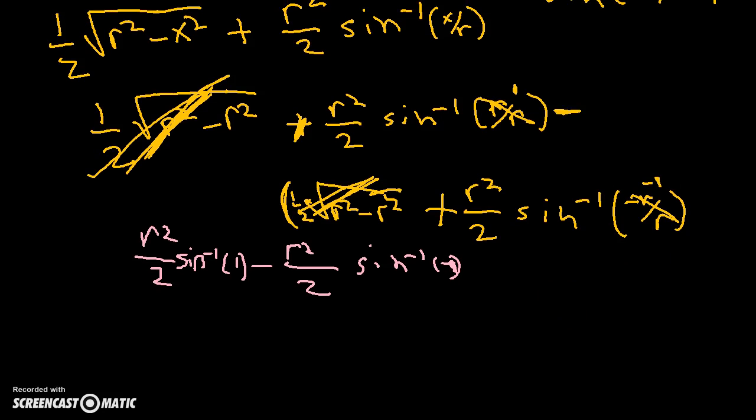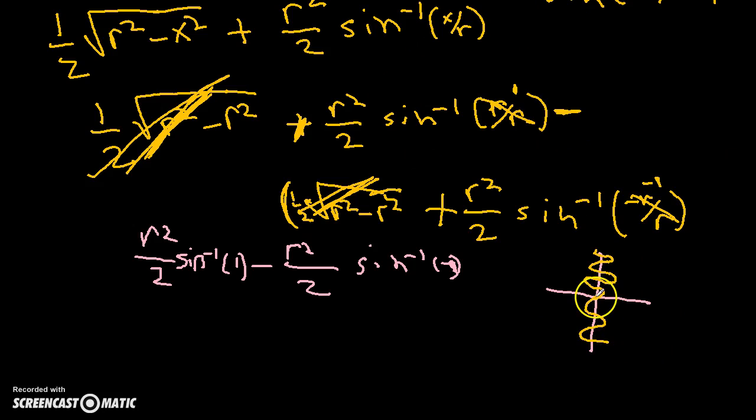Okay, so first let's do 1. What number has a sine of 1? Now let's look at the inverse sine function. Let me switch to a different color. The inverse sine function looks something like this. It's not really a function, but we'll just consider it one.